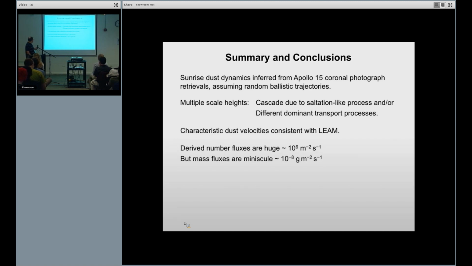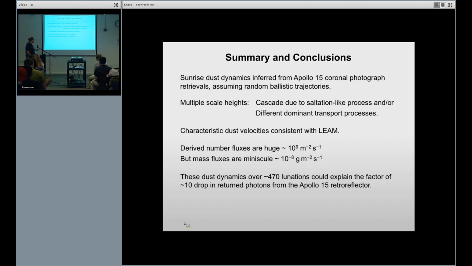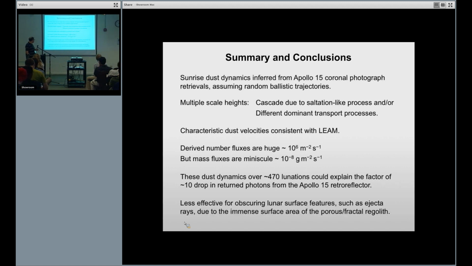The derived number fluxes are huge, 10^6 per meter squared per second, but the mass fluxes are pretty tiny, at about 10 nanograms per meter squared per second. And these dust dynamics occurring over 470 odd lunations could explain the factor of 10 drop in the return photons from the retroreflectors. But this process would be much less effective at obscuring surface features. Okay, done.